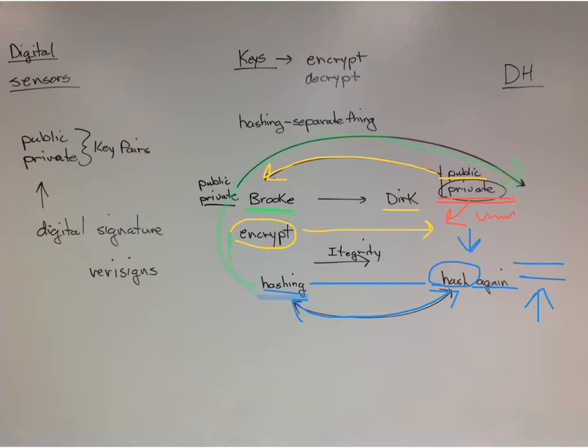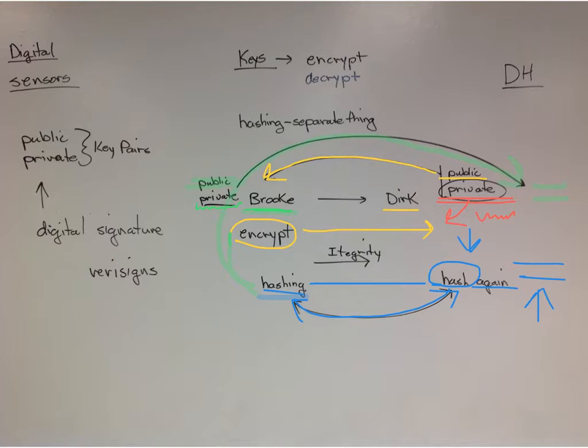She then can send me her public key, then I can decrypt it, and it had to be from her because nobody else in the world has her private key. So she's the only one that could encrypt it.